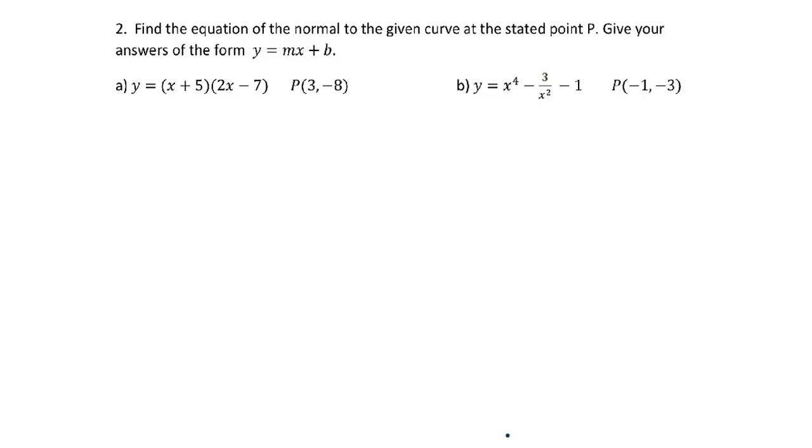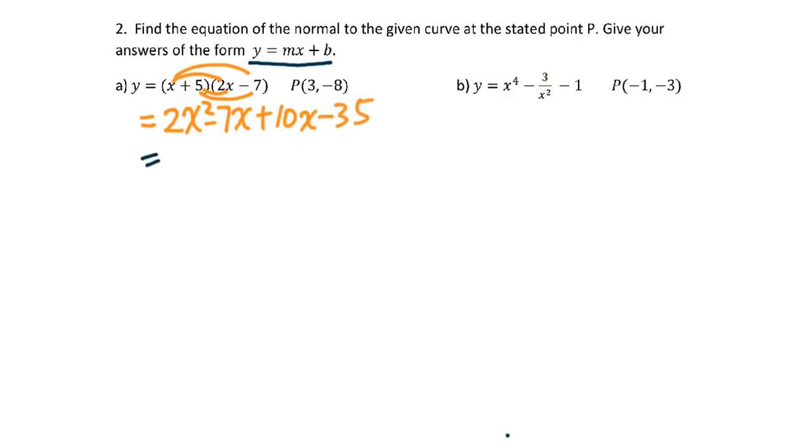Find the equation of the normal to the given curve at the stated point P. Give your answers in the form y equals mx plus b. For A, first of all, you have to do the FOIL to get the polynomial. So you get 2x squared minus 7x plus 10x minus 35.